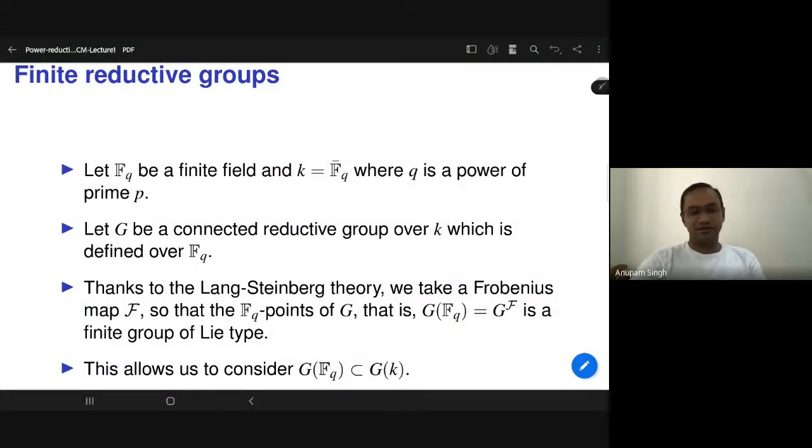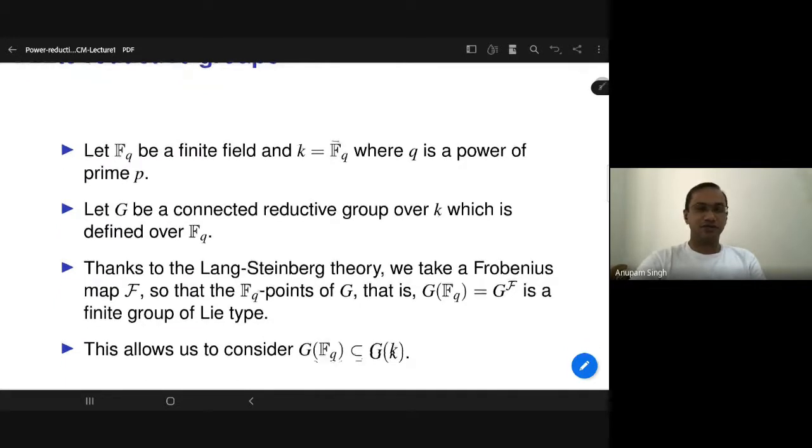F_q will denote a finite field, and K will denote the algebraic closure of F_q, where q is some power of a prime p, and G is supposed to be a connected reductive group over K, which is defined over F_q. These things we have seen in Shripad's lecture, and I'm revising some of this.